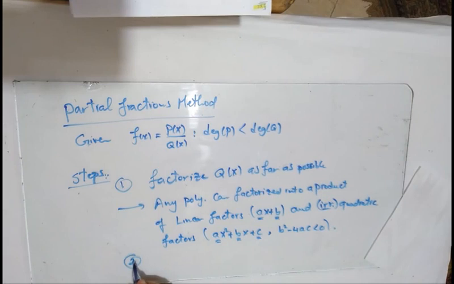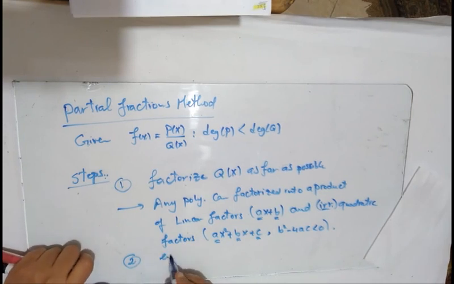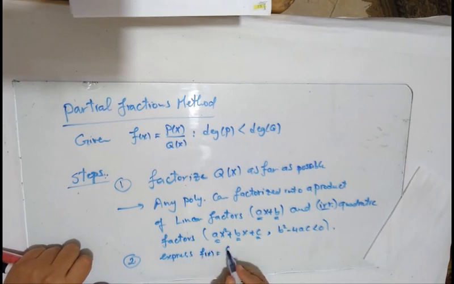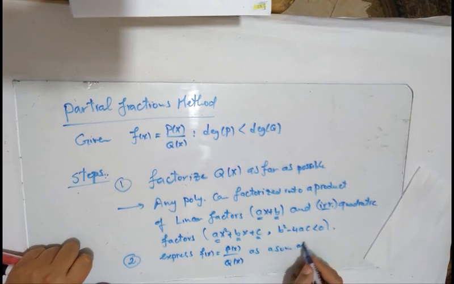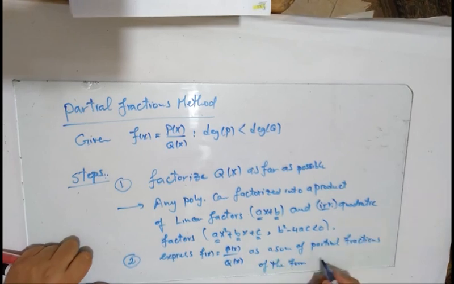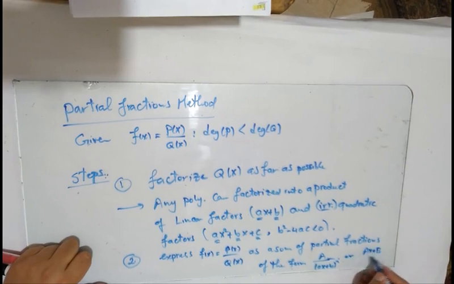The second step, we will make it as cases, but formally we can say that we can express f of x, which is p of x over q of x, as a sum of partial fractions of the form A over (ax plus b) to the power i, or (ax plus b) over (ax squared plus bx plus c) to the power j.